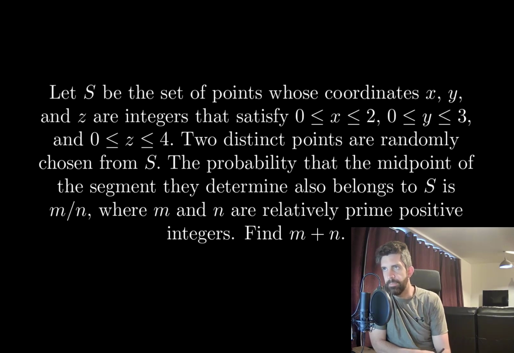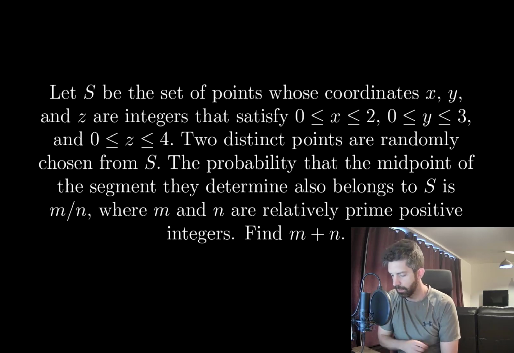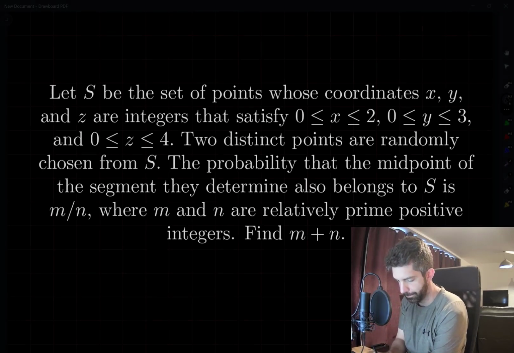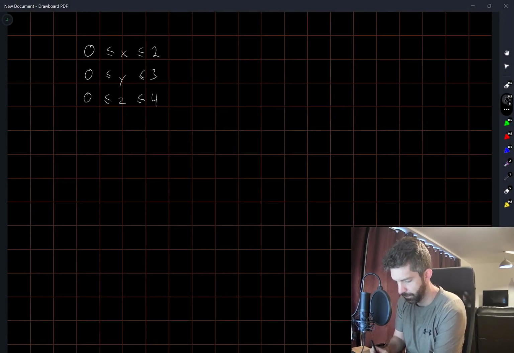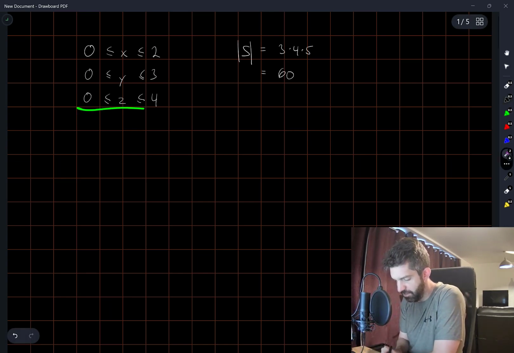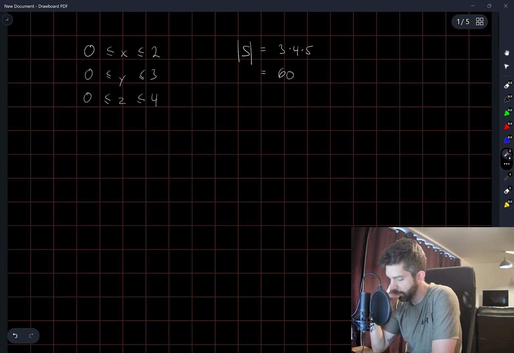This seems like it's going to turn into some kind of counting problem, so let me draw a little bit of a picture here to explain how I'm interpreting the question. The cardinality of S, the number of points in S, is going to be equal to 3 times 4 times 5, which is 60, right? There are 5 possible values of z, 4 possible values of y, and 3 possible values of x.